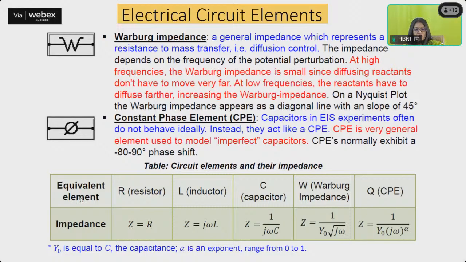So you have all these equivalent elements: the resistor, inductor, capacitor, Warburg impedance, and your constant phase element. And this is how their impedances are going to look. In case of resistor, Z is equal to R, whereas in inductor, it is j omega L. So you have these different impedance elements.